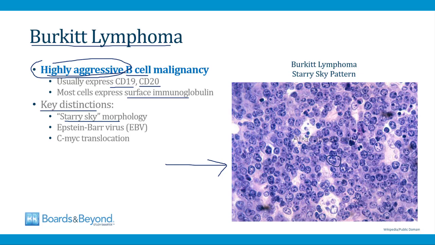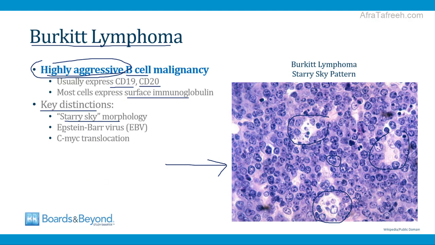And then some of the malignant cells undergo apoptosis, and their remnants are eaten up by macrophages, and it creates these clearings within the malignancy that you can see. And so because it has these random sort of clearing spots within the malignancy, this is called the starry sky pattern of Burkitt lymphoma.